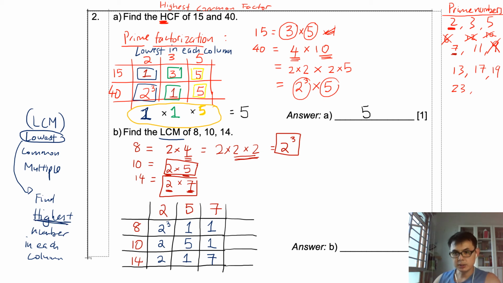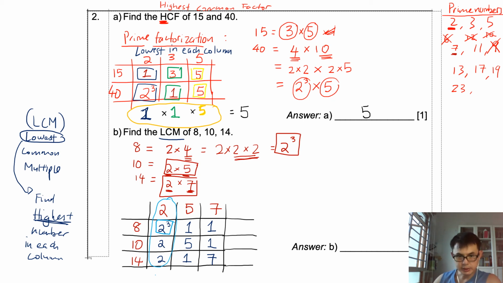So let's find the color, okay, light blue. For the first column, what is the highest number? The first column, we are looking at this guy, okay? What is the biggest number? The biggest number that I can see is actually 2 to the power of 3.